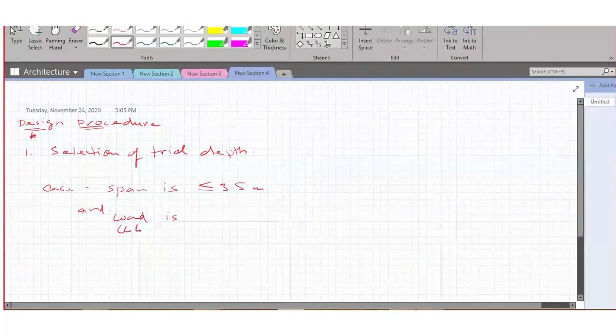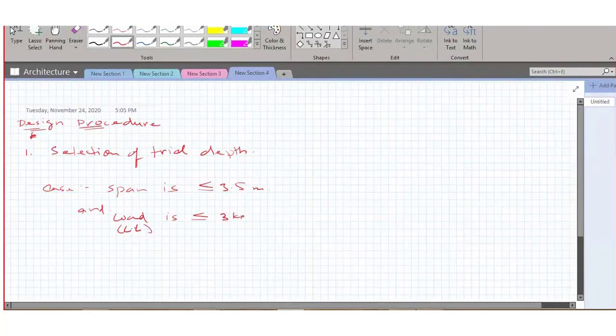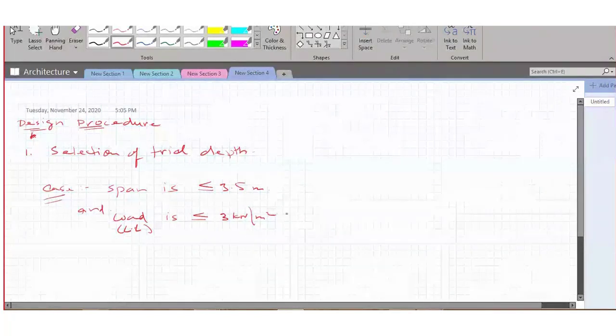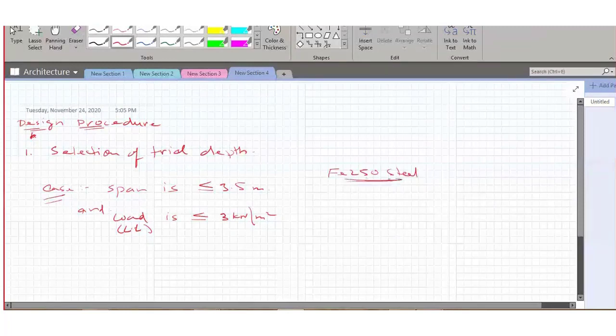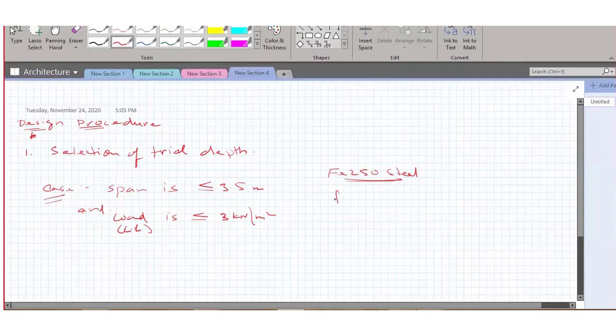So if this is the case for which you are designing the two-way slab, when you find span is less than or equal to 3.5 meter, and also you find load is less than or equal to 3 kilonewton per meter square, then if you have Fe250 steel for simply supported slab, you will be selecting Lx by D equal to 35.